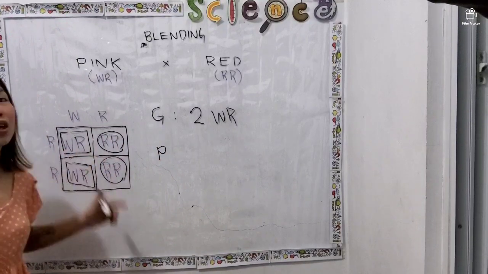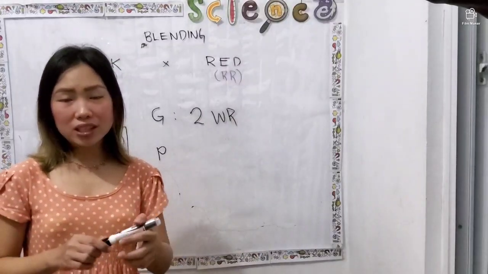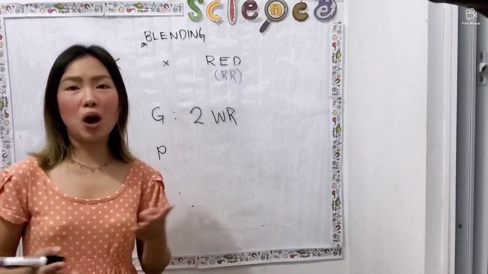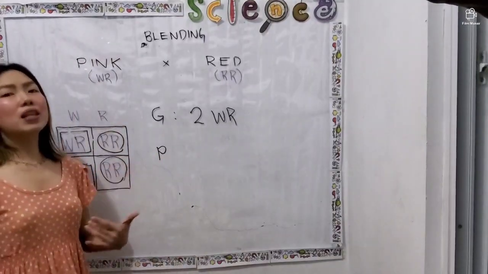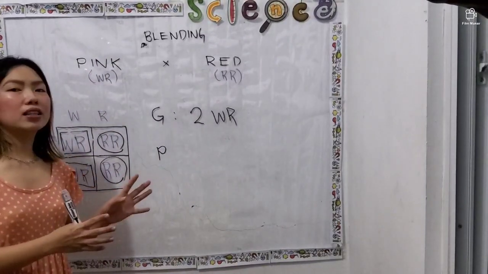Lalo't higit, assorted na yung laman ng Punnett square. On our first example kasi, we just have all the same set of letters on our Punnett square para parehas yung apat. So, since ngayon, assorted na yung laman ng Punnett square natin, may naiiba na, so kailangan mong gumawa ng konting diskarte para hindi ka makalimot.